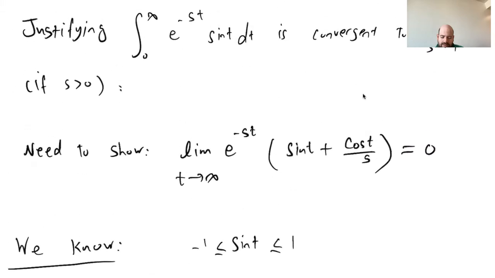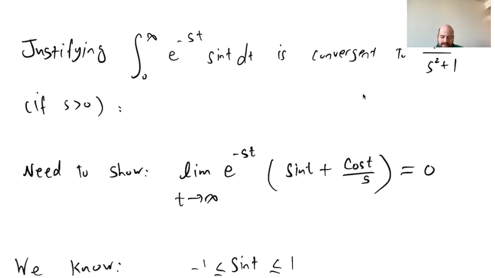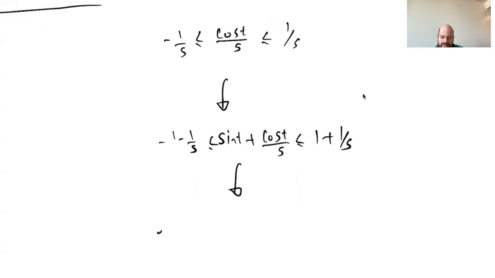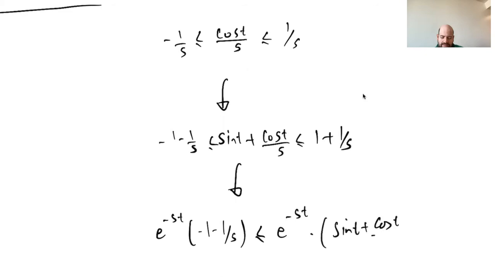And if I multiply everything by e to power minus st, then I will have e to power minus st times -1 over s less than or equal to e to power minus st times sine t plus cos t over s, and less than or equal to e to power minus st times the expression on the right-hand side, which is 1 plus 1 over s.